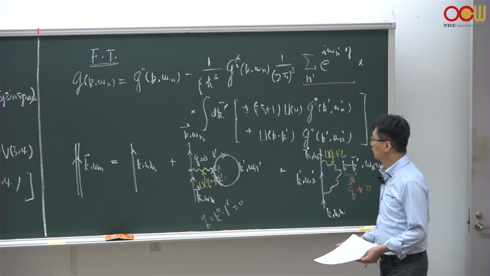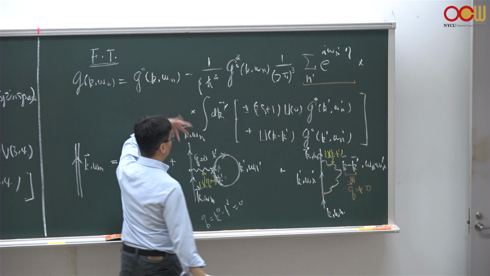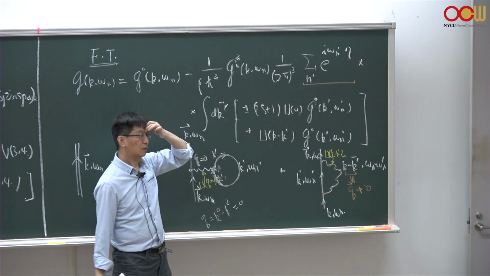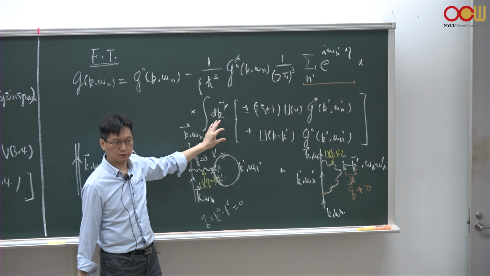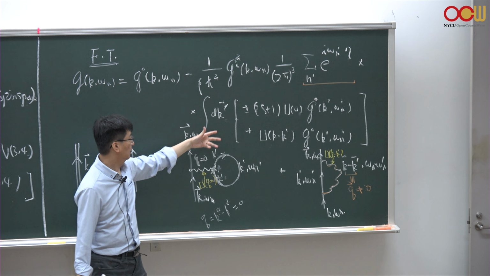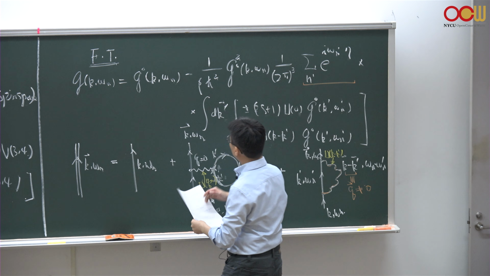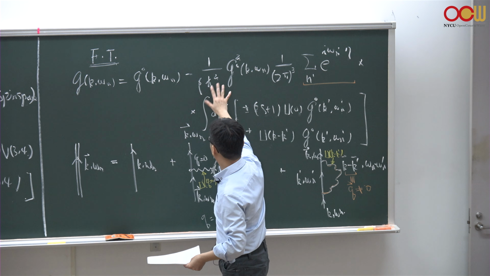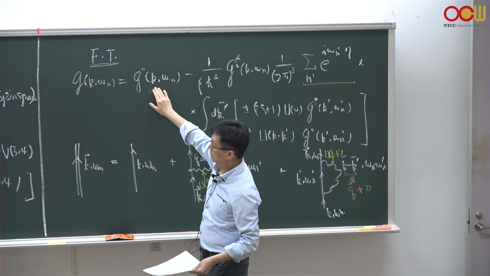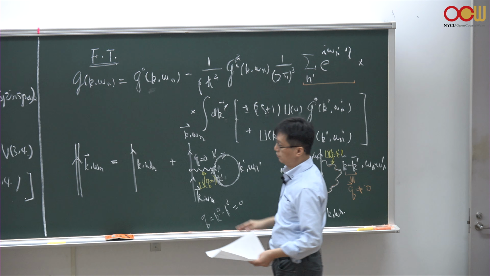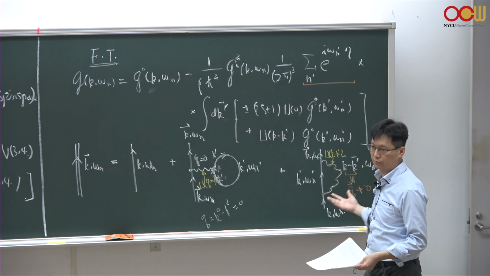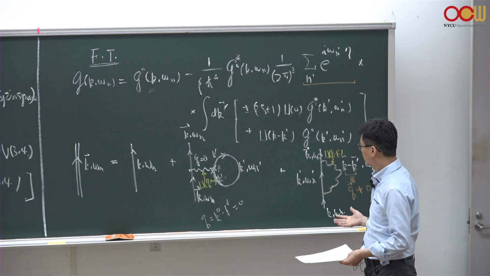Okay? So in k, omega space, we can perform such a Matsubara sum and momentum integration for the internal degrees of freedom, and when we are done, we can combine these corrections together with G0, the bare propagator, and then this is G(k, omega n) up to first order in the perturbative expansion.